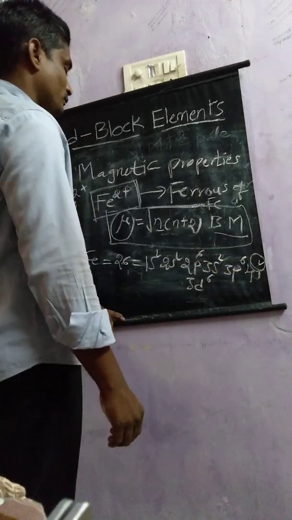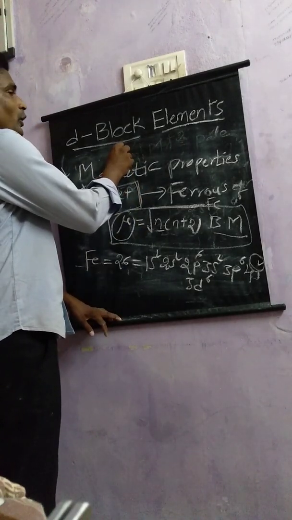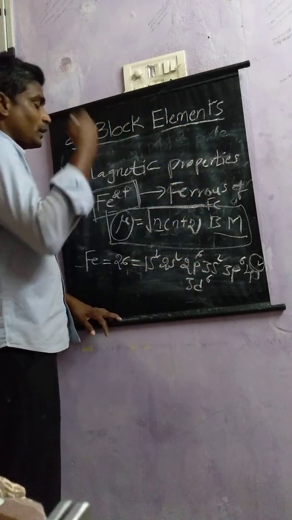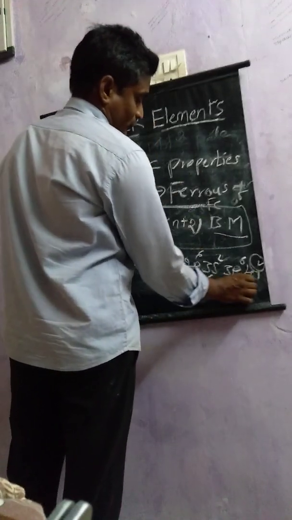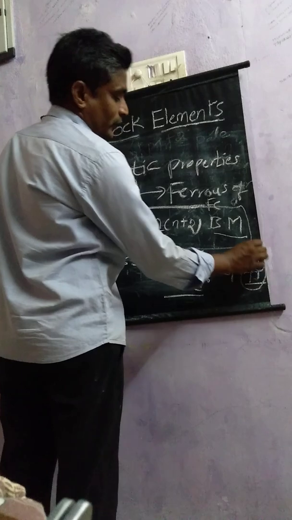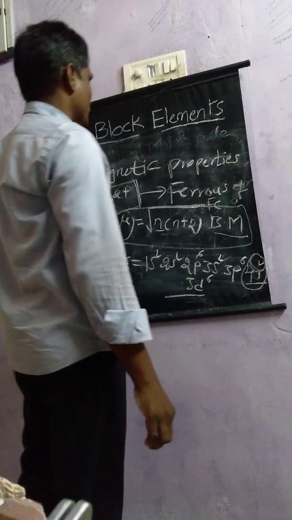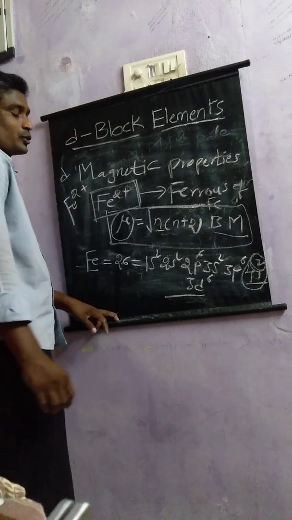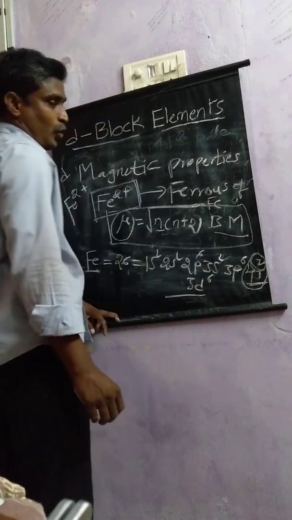The reason is we have to remove electrons from its outermost shell. In the case of iron, the outermost shell is 4s and 3d. So this is the outermost orbit, and we can remove electrons from here only. That is why I am removing 2 electrons from the outermost shell of iron, that is 4s.